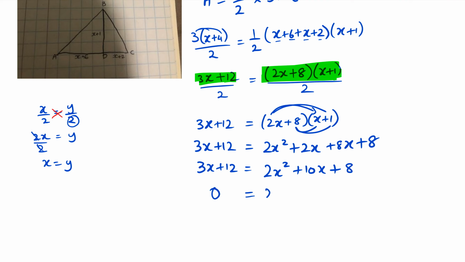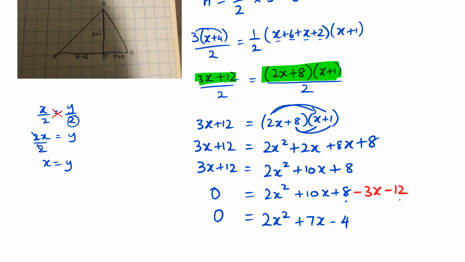Rearranging, 0 is equal to 2x squared plus 10x plus 8, minus 3x minus 12. So 0 is equal to 2x squared, 10x minus 3x is 7x, and 8 minus 12 equals negative 4.